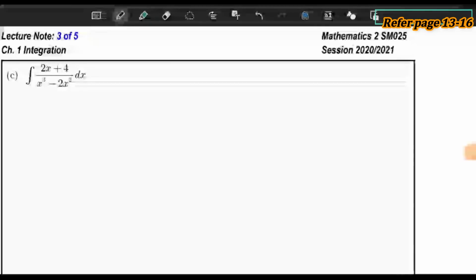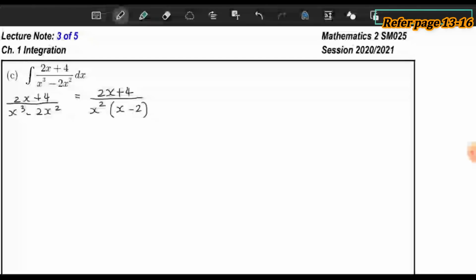Part C, 2x plus 4 over x cubed minus 2x squared can be written as 2x plus 4 over, we factorize x squared bracket, we have x minus 2. Next, we proceed to partial fraction.